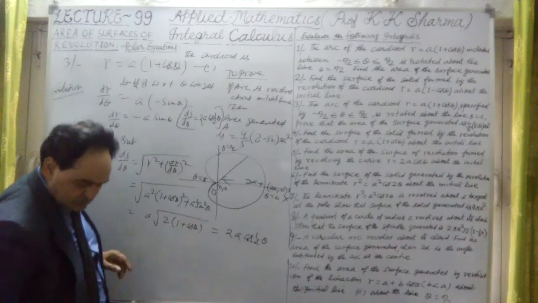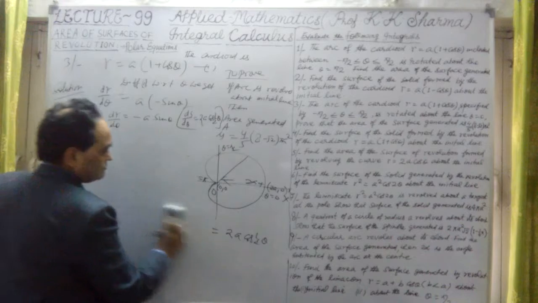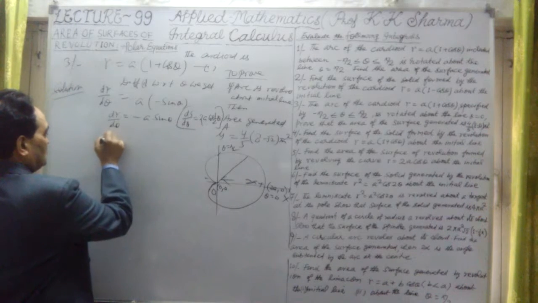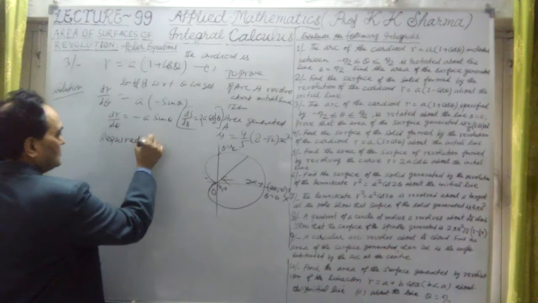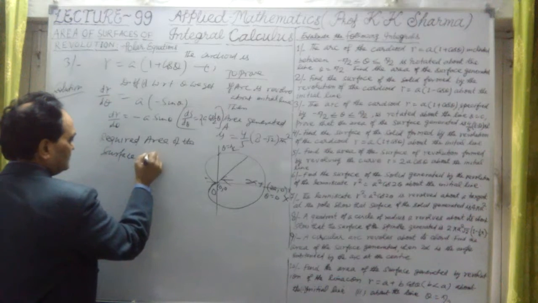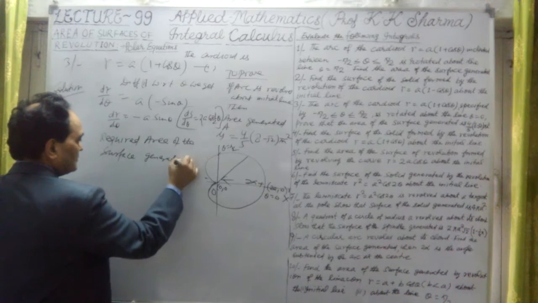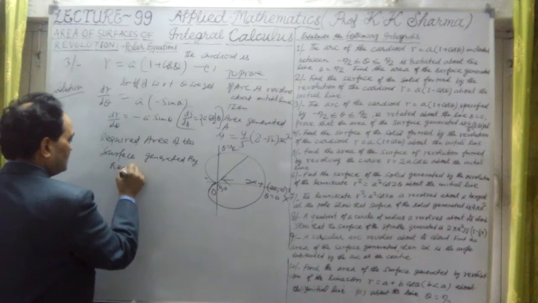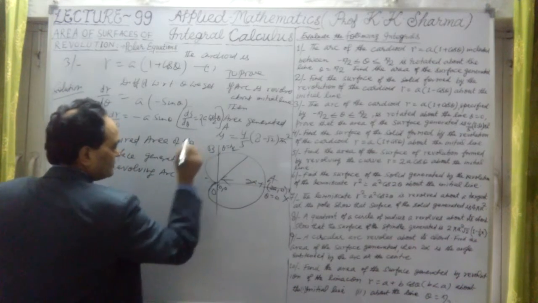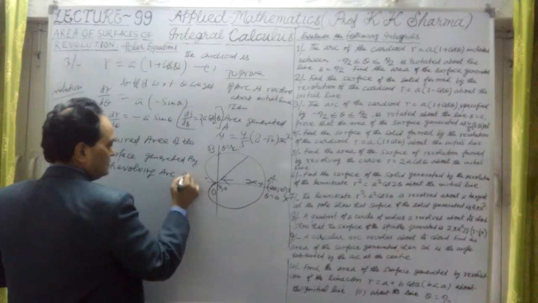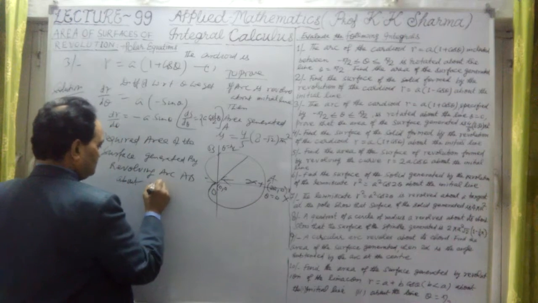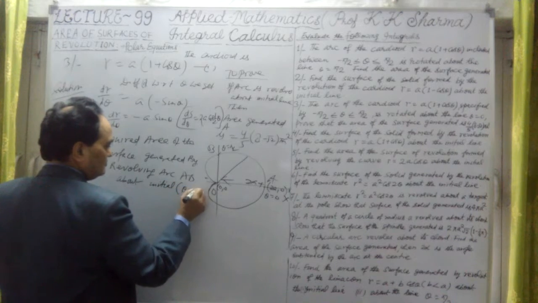Okay, now let us take it further. Therefore, the required area of the surface generated by revolving arc AB about the initial line, that is, the theta equal to 0 line.